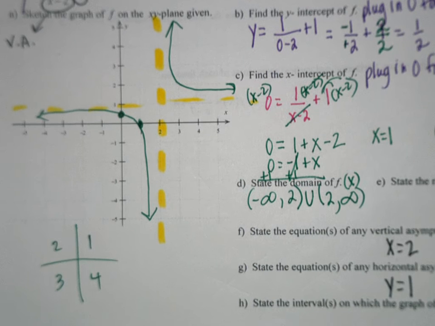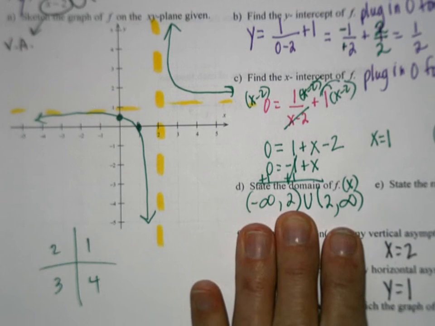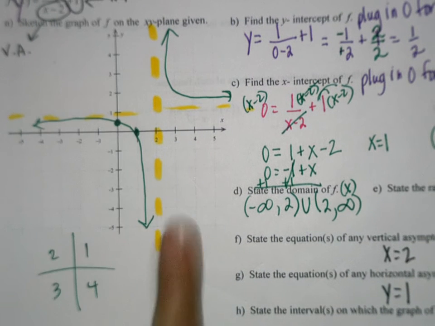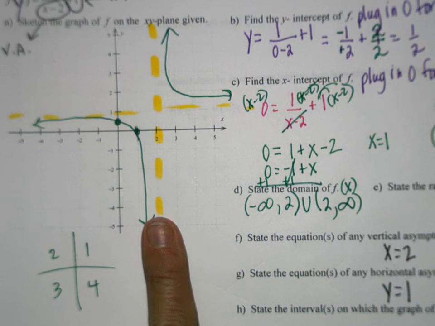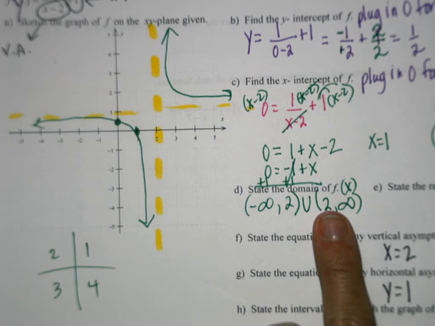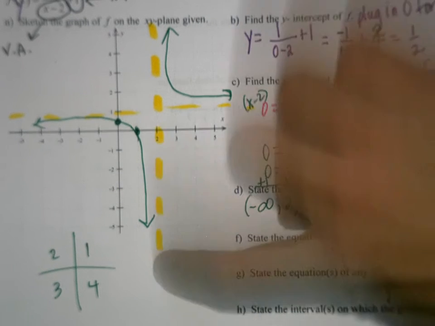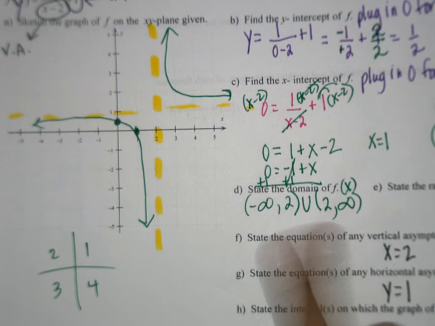On these graphs, your domain will always be written like this. It'll go negative infinity until you get to your asymptote, whatever that value is, and then 2, and then going all the way to positive infinity. So whatever that asymptote is, those are the values that go on this side. Alexis. The 2 is from right here.